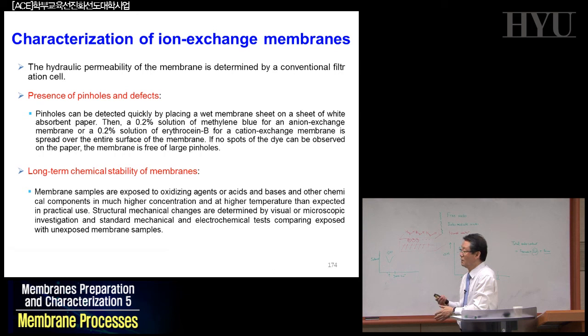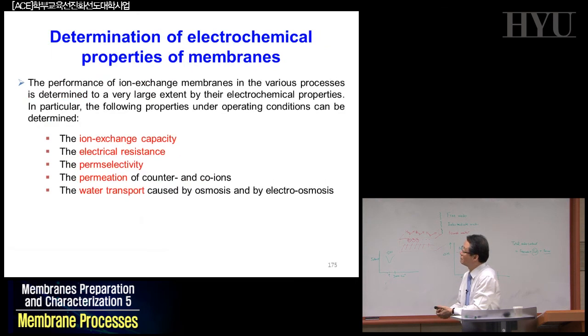And the time for membrane integrity is a measure of your chemical stability of the membranes. We can determine the electrochemical properties of the membrane, particularly in these terms. Okay? IEC, electrical resistance, and permselectivities.